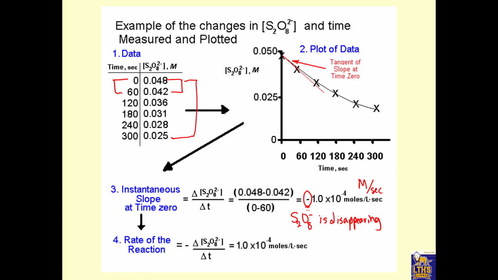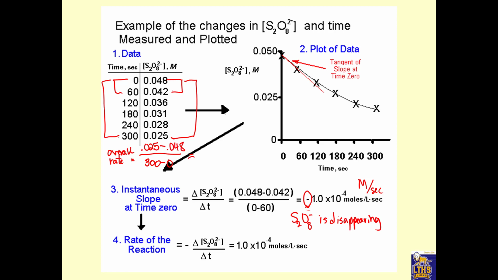You could do a rate over the whole reaction, 300 seconds it took, or that's how long they were timing it for. So for the overall rate, you just have to do the end of the reaction, and you can do it either way. So 300 minus 0 seconds. And then you have 0.025 molarity minus 0.048 molarity.